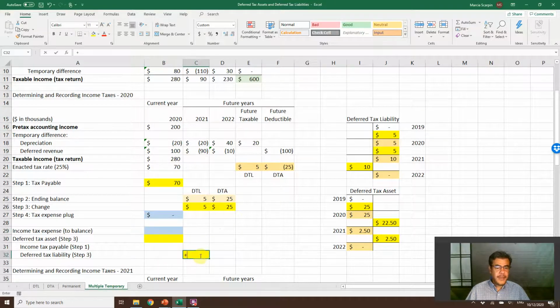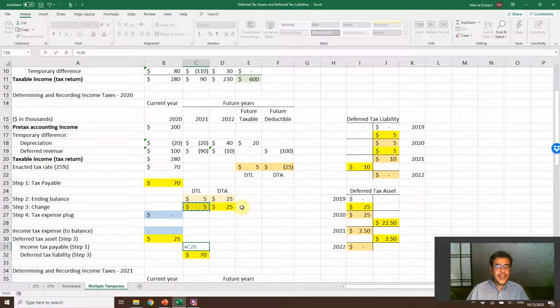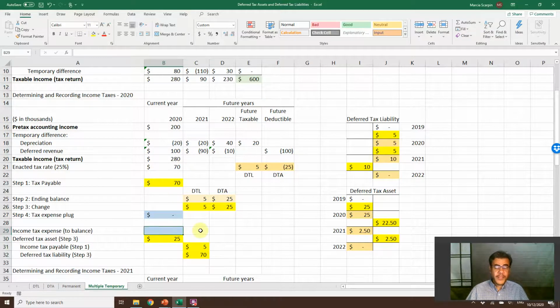Deferred tax liability, 70. Deferred tax asset, if we are increasing our deferred tax asset, it is a debit, 25. We are increasing our deferred tax liability, so it is a credit, 5. So income tax expense is the number to balance. It is our credits less our debit. It is 50.